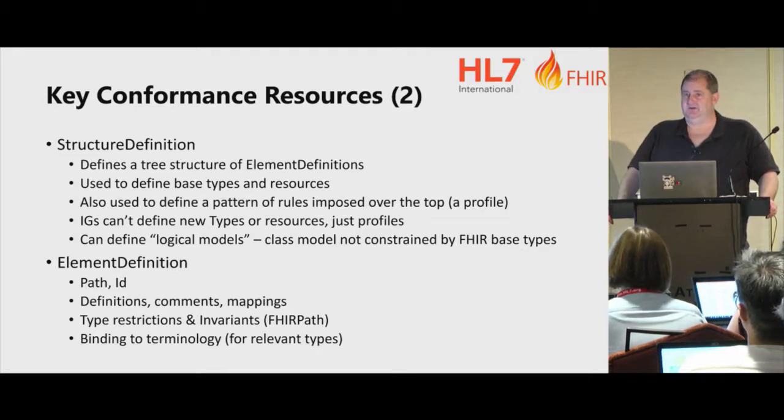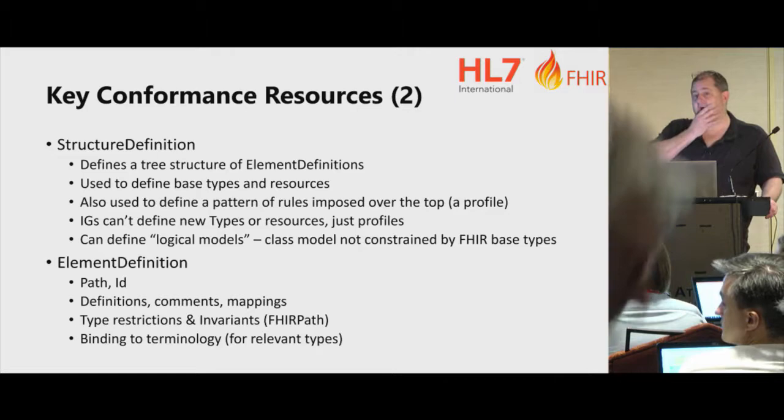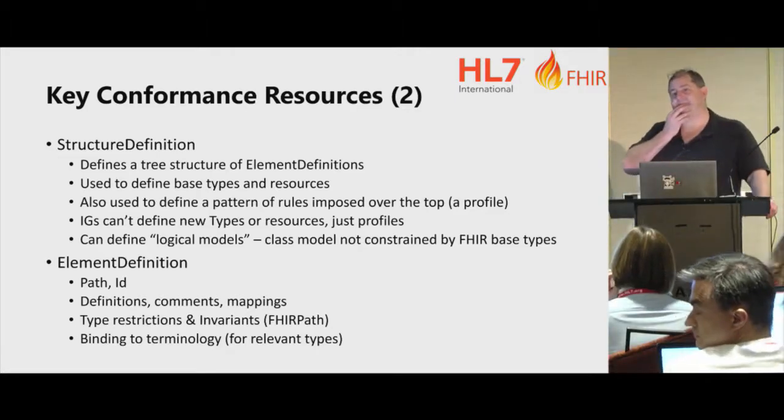Any questions? Yeah. How come when you look at the definitions of resources, it looks like an IG? Because we use the same code to present the structure definition. So then what's the difference then? If it's the same code and it's an IG, why isn't it an IG?